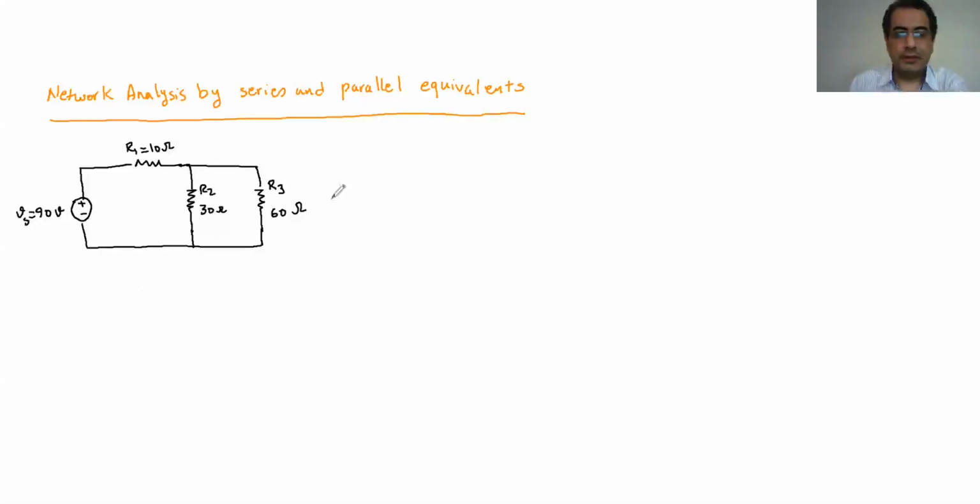So this is going to be equal to this. It's a 90 volt source here, plus minus, and then I have the R1 here, and then I replace these two with the equivalent resistor.